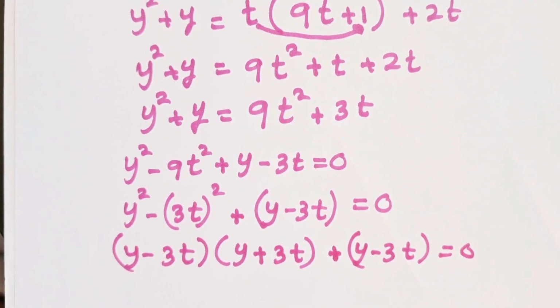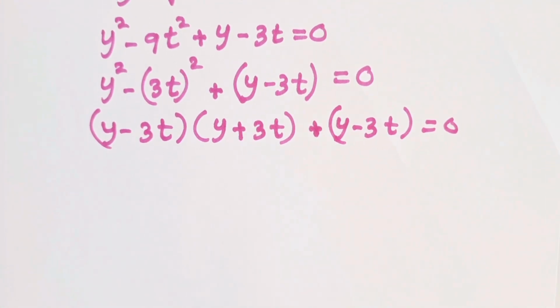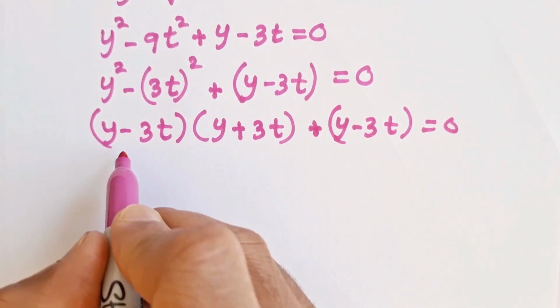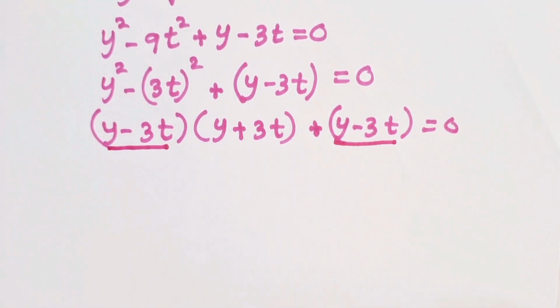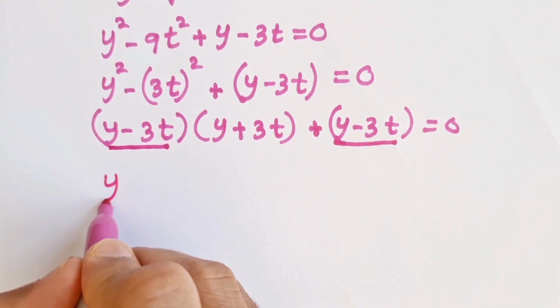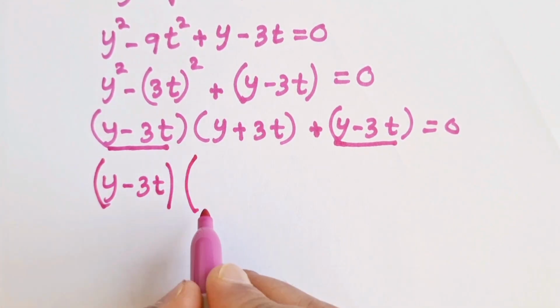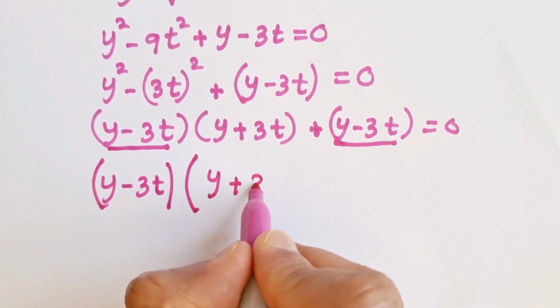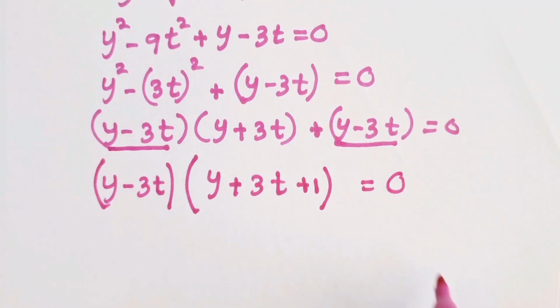Now you can see that y minus 3 times t is the common factor of the left hand side of the equation. I'm going to take that out. So now we have y minus 3 times t, and inside the parentheses we have y plus 3 times t plus 1 equal to 0.